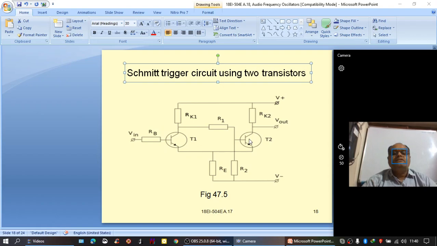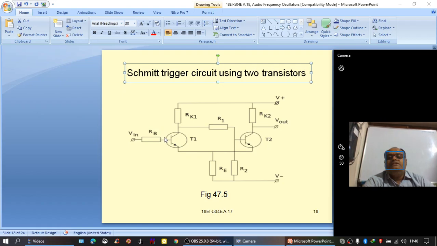The transistor starts conducting. When the transistor is conducting, the voltage here would be IC2, that is the current through the transistor T2, IC2 into RE. We can also say this as the drop across resistance RE, VRE. Now, when a sinusoidal signal is applied here, the emitter of the transistor is at VRE.